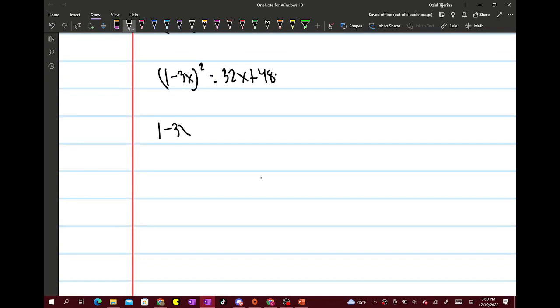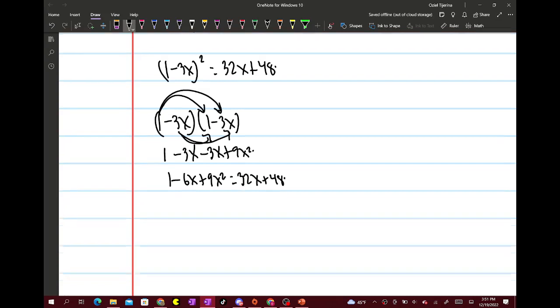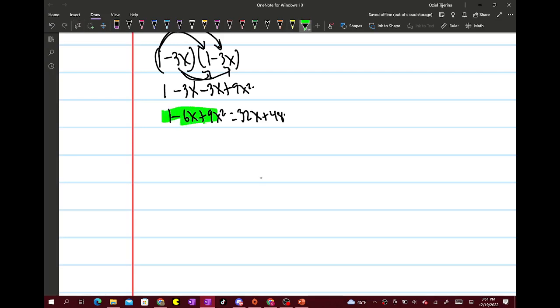So we have 1 minus 3x times 1 minus 3x. This would be 1 minus 3x minus 3x plus 9x squared, right? So then it'd be 1 minus 6x plus 9x squared equals 32x plus 48. We can rewrite this in standard form. We have 9x squared minus 6x plus 1 equals 32x plus 48.